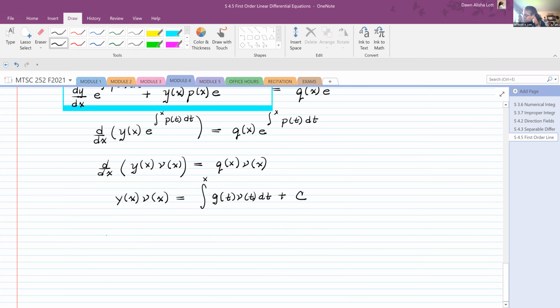I now find that y of x is simply, if I integrate q and nu, add a constant, and divide by nu, I have solved the problem. Okay, I'll give you a minute to finish writing that down, and I'm going to make some quick sense of it.